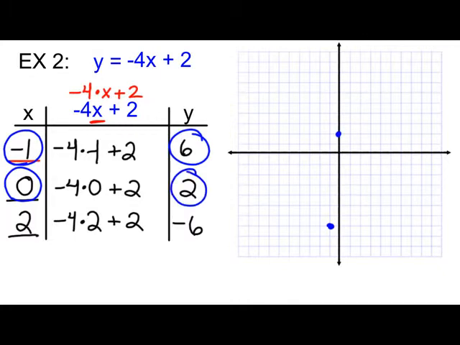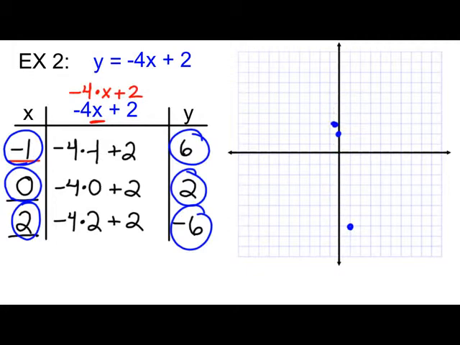And then my last point is 2, -6. But wait, that doesn't look like a line. What did I do wrong? Do you know what I did wrong? Let me look back at my ordered pairs. 0, 2, 2, -6. Wait, -1, 6 should be left 1, up 6, not down 6.